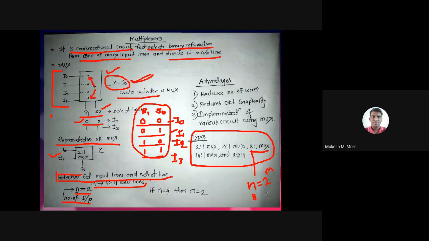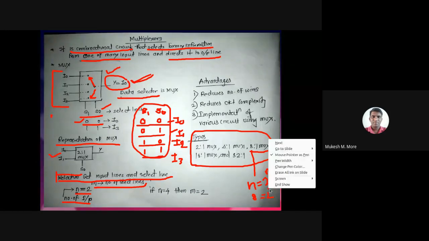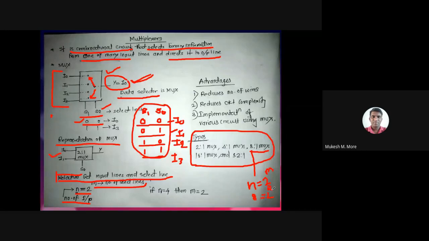What is the value of m? The value of m is 3. When 2 raised to 3 is equal to 8, it means that the value of m is 3 when there are 8 input lines. The value of m is 3, meaning there are 3 select lines. Okay, so this is about the multiplexer.